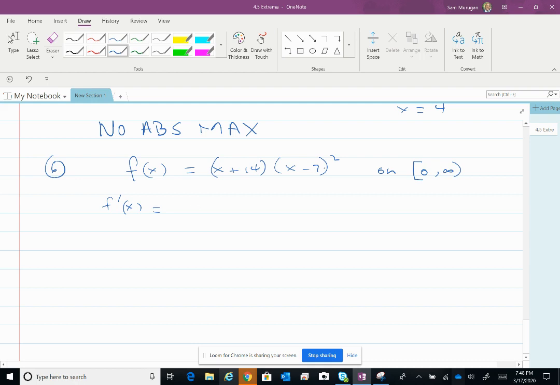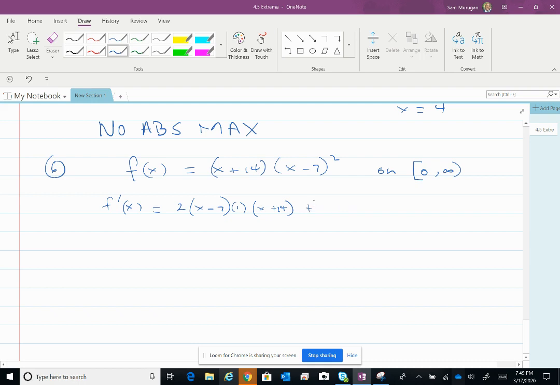The derivative of the v function: bring the 2 to the front, reduce the power by 1, and then take the derivative of the inside, which is 1, times x plus 14, the u function.